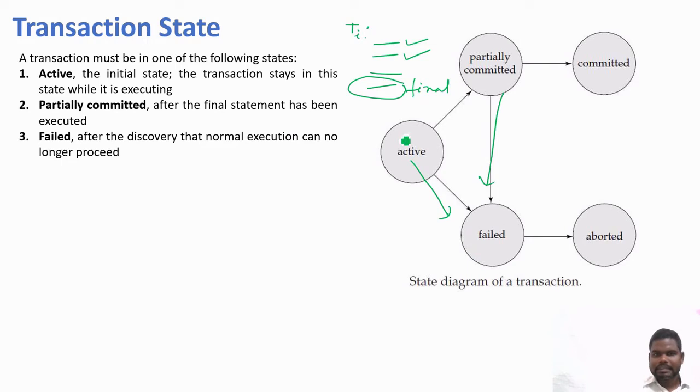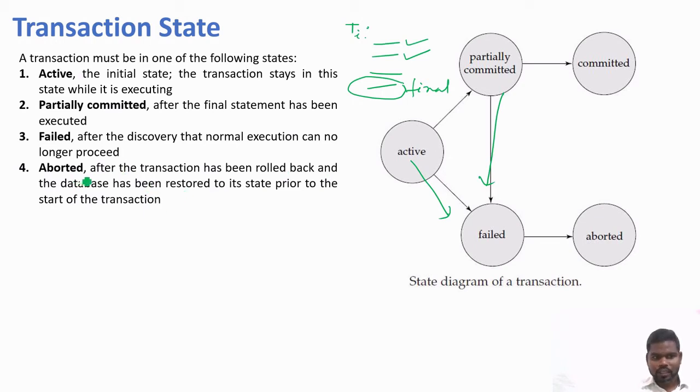This may occur if the transaction is in the middle of its execution, that is in the active state, or the transaction Ti has just completed its final execution and is about to commit, then the transaction Ti may enter into the failed state.